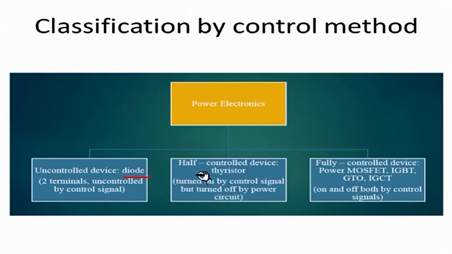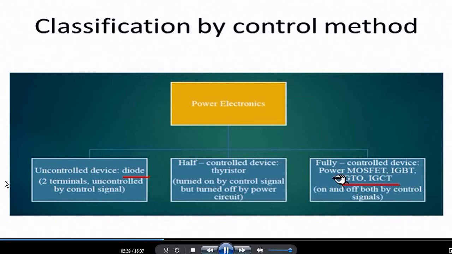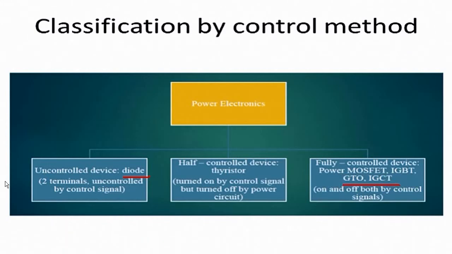Half controlled means only the turn on process is controlled, whereas the turn off process is not controlled. Example, SCR. Fully controlled means both turn on and turn off processes are controlled. Examples are power MOSFET, IGBT, GTO and IGCT.